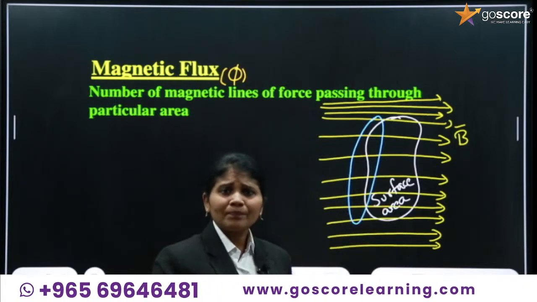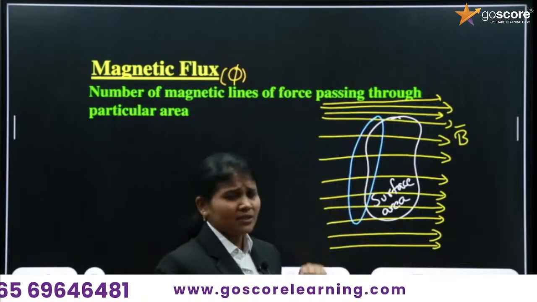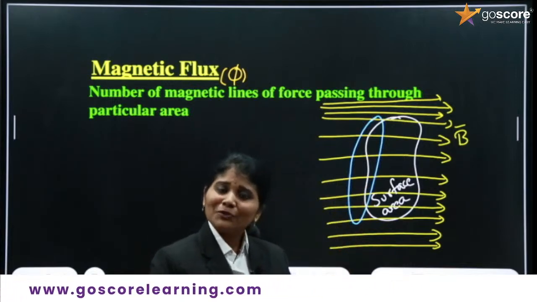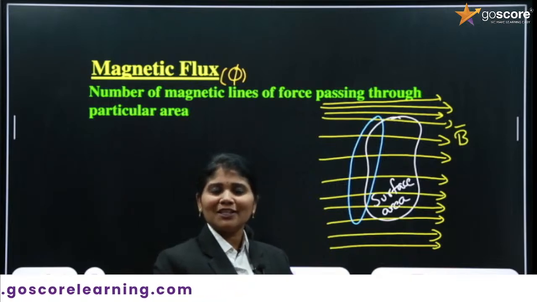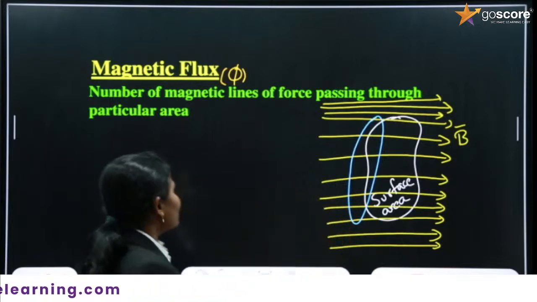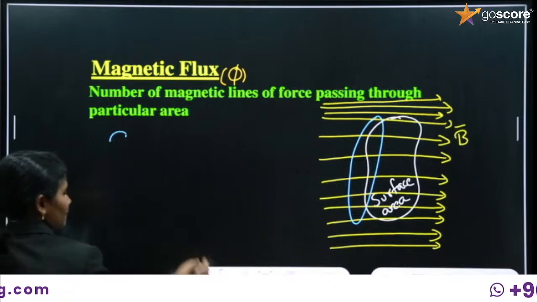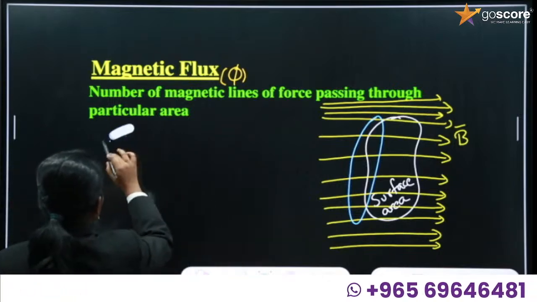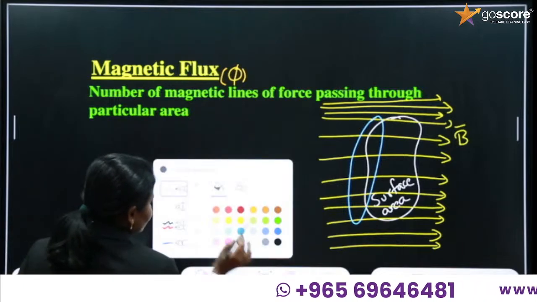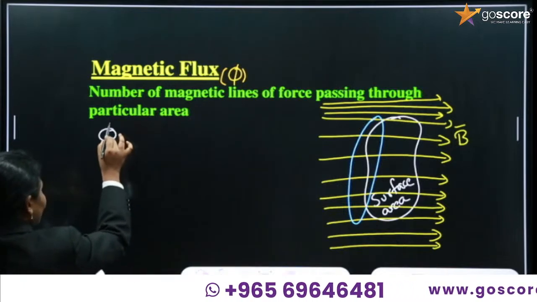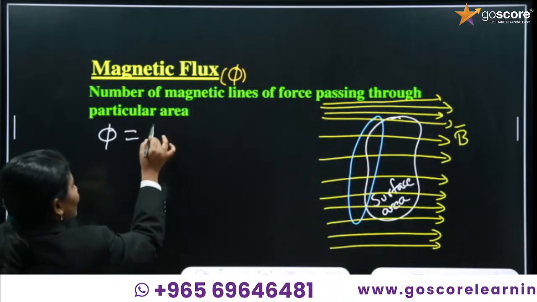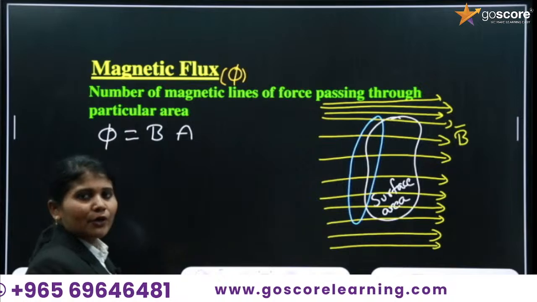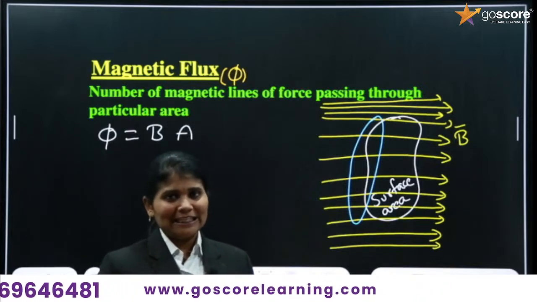Flux phi is equal to the product of magnetic field and surface area.